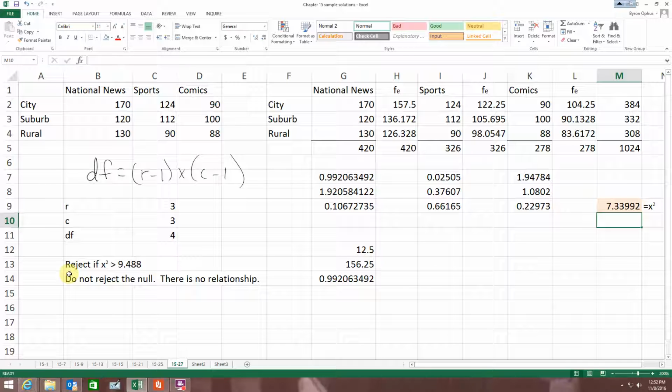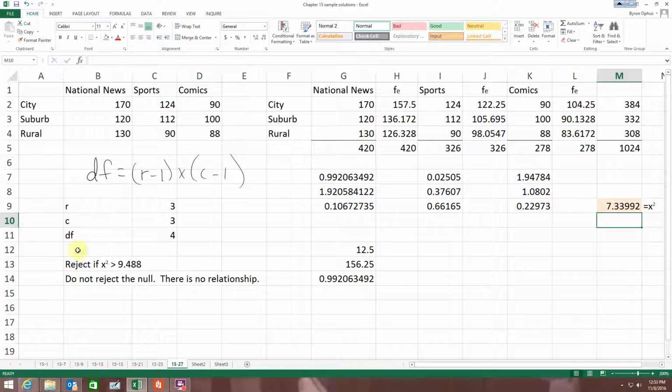So my question was, at the 0.05 significance level, can we conclude that there is a relationship between the type of community where the person resides? So this time I would say that my alternate hypothesis is that there is a relationship, and my null hypothesis is that there is not a relationship.